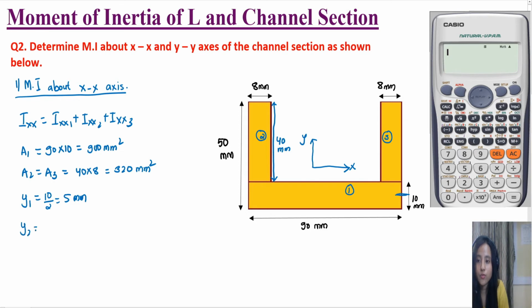Now y2 will be equal to y3 again, since the height of y2 and y3 is the same, so I need to find till half of this y2, right? But I need to go from this distance here till here. So from here to here it is 10 and half of 40 here is 20. So I have 10 plus half the distance of section 2 and section 3, and it will be giving me 30 mm, right?